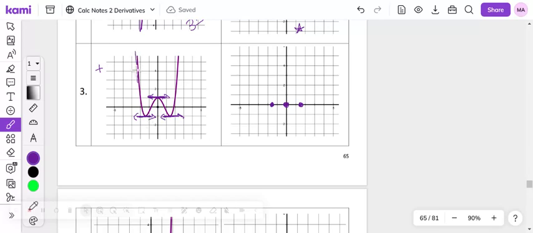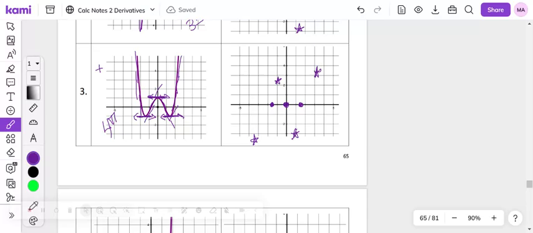Now, between -1.5 and 0, all of our tangent lines would be positive because the function's increasing, so we'll be positive here. Between 0 and 1.5, all of the tangent lines would be negative, so we'll be down here. And after that, all of the tangent lines would be positive, so we'll be up here.